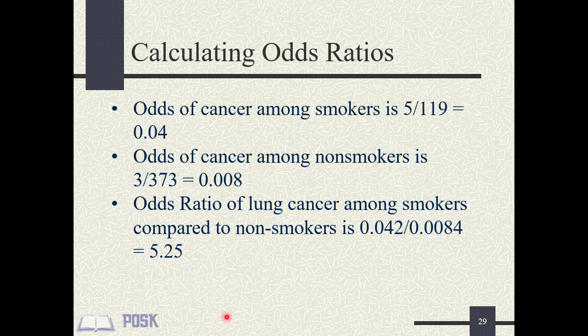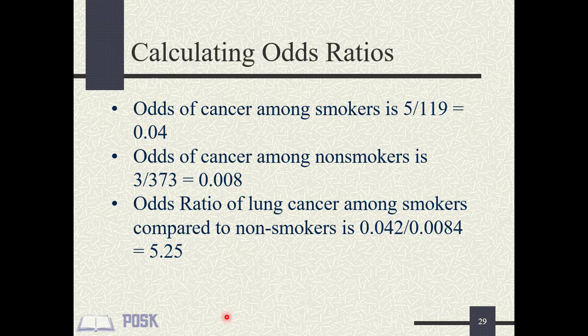In a case control study where 124 smokers were matched with 396 non-smokers, 5 and 3 participants from smokers and non-smokers developed lung cancers respectively. Odds of cancer among smokers is 5 divided by 119, which is 0.04. Odds of cancer among non-smokers is 3 divided by 373, which is equal to 0.008.